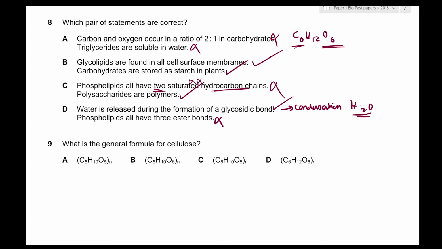The reason for this is that phospholipids are made of a glycerol molecule bound to 2 fatty acid chains by 2 ester bonds only, because the third here we have inorganic phosphate, which is not bound to an ester bond. Therefore, it only has 2 ester bonds, and this is going to be incorrect, and the answer must be B.